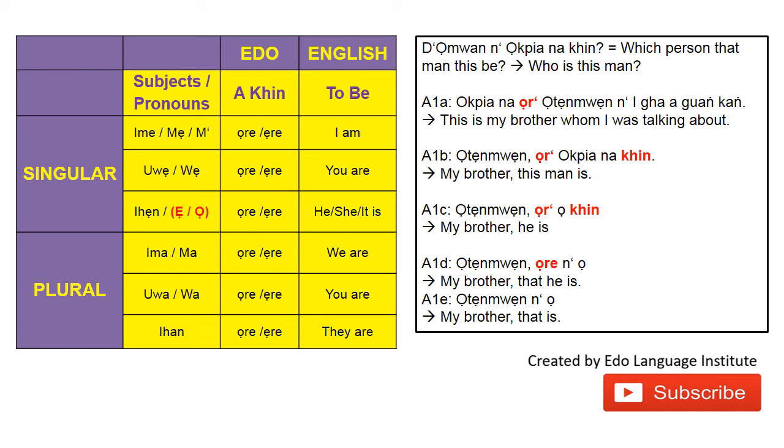Many times when someone asks you, for instance, the question anihi or avanihi, which means who is that, you respond with me no, it is me, or me that is, when you translate it one to one. So Oteme no, my brother, that is. That was it for this lecture.